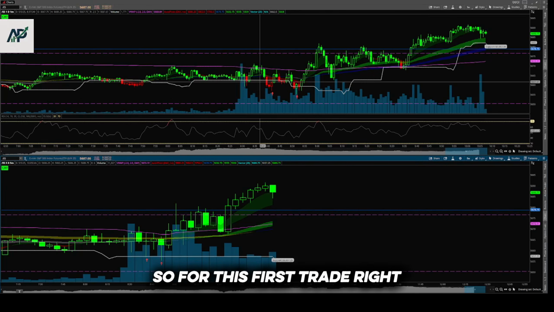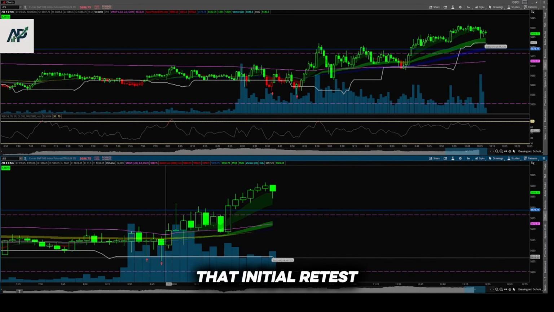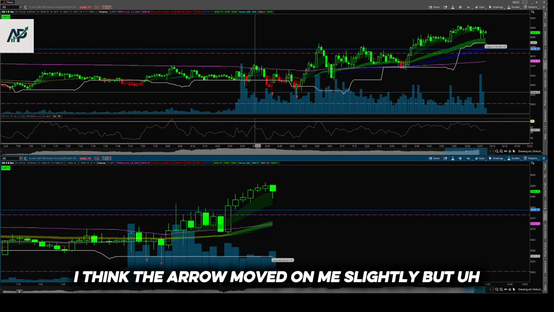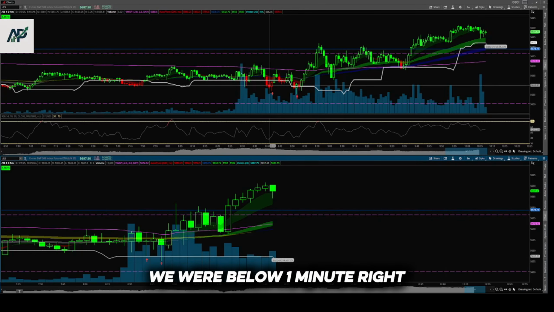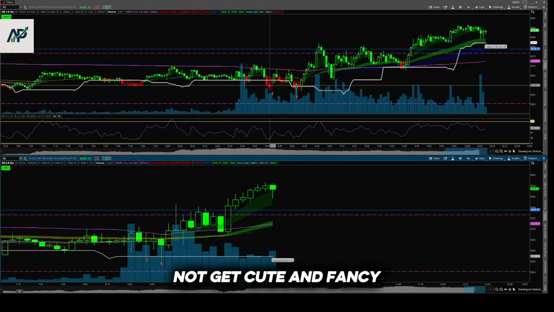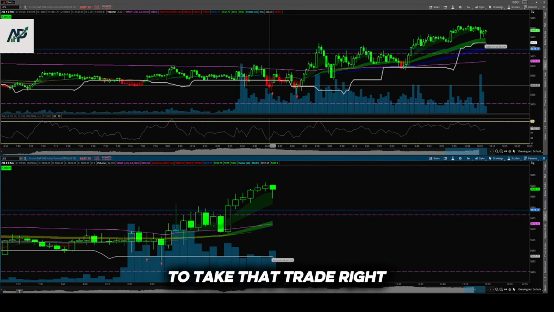So for this first trade, as I was looking for a retest of the 5, that initial retest is the one I did not take action on. I think this arrow moved on me slightly, but we were below the 1 minute. And ideally for that morning trade, I suggest for anybody starting new to not get cute and fancy, and to be on the right side of both the 1 and 5 to take that trade.